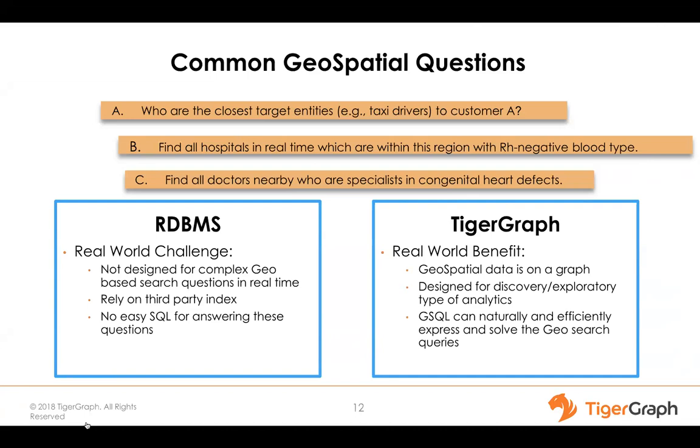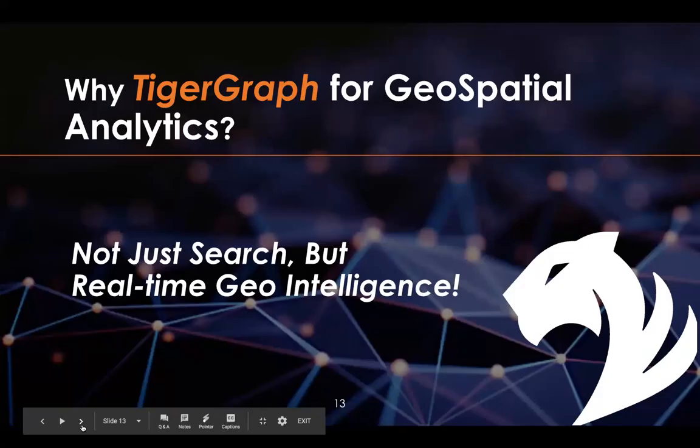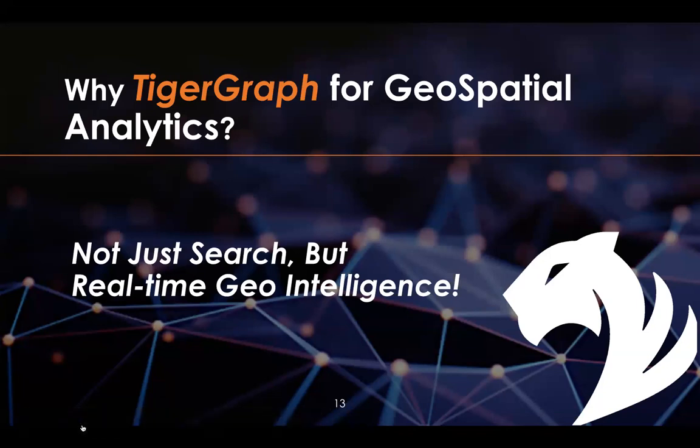With TigerGraph, first of all, geospatial data is already on the graph. And TigerGraph is designed for this type of deep discovery and exploratory analytics with geodata. Our proprietary query language, GSQL, can naturally resolve these complex questions. So why TigerGraph for geospatial analytics?